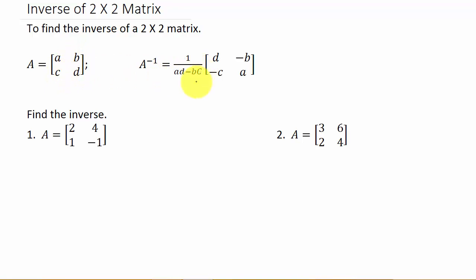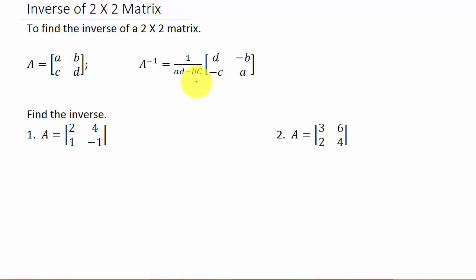Alright, so the only kind of matrix that's going to have an inverse is a square matrix. That means it has the same number of rows as it does columns, like a 2 by 2, a 3 by 3, or a 4 by 4. But not all square matrices have an inverse.